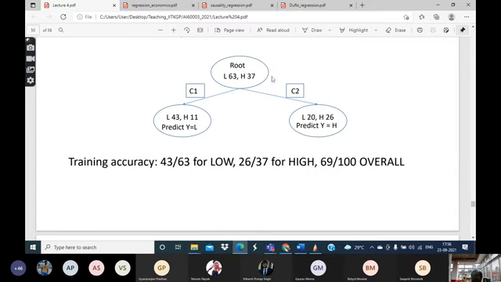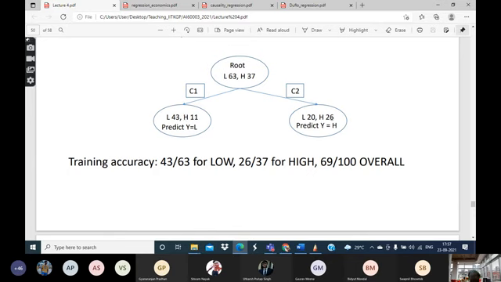As you can see, there are 100 examples, of which 63 have got low ratings and 37 have got high ratings. Out of those 63, 43 are here, 20 are here. Everything that belongs to company C1, I am predicting will get low ratings.